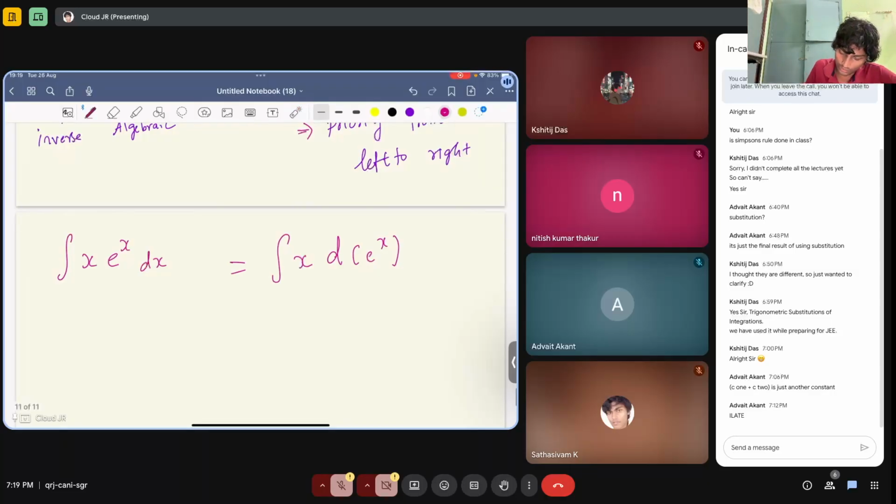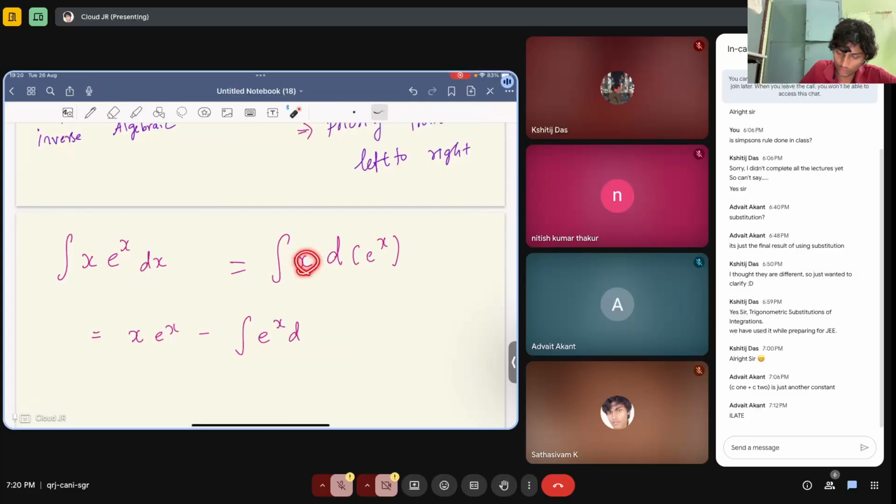And this is nothing but, sorry, this is uv. So this is x e power x minus integral v du, which is e power x.